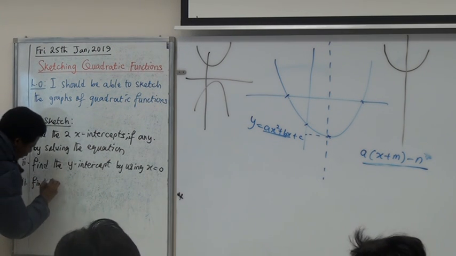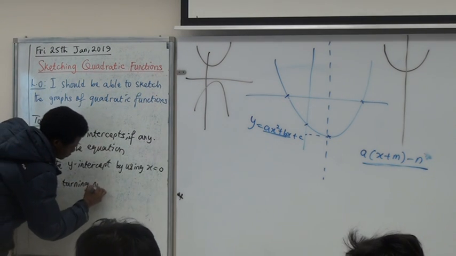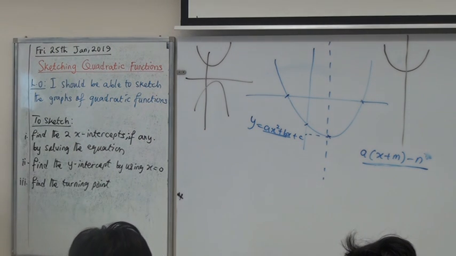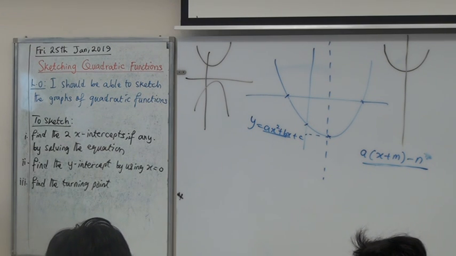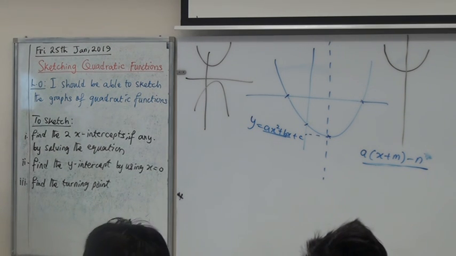Find the turning point. Can anybody tell me what I mean by nature of turning point? If I say, what is the nature of the turning point? What do I mean by that? Nature means, is it minimum? Is it maximum?